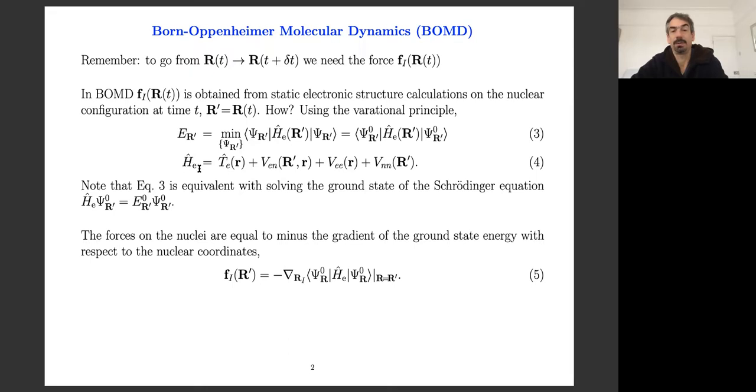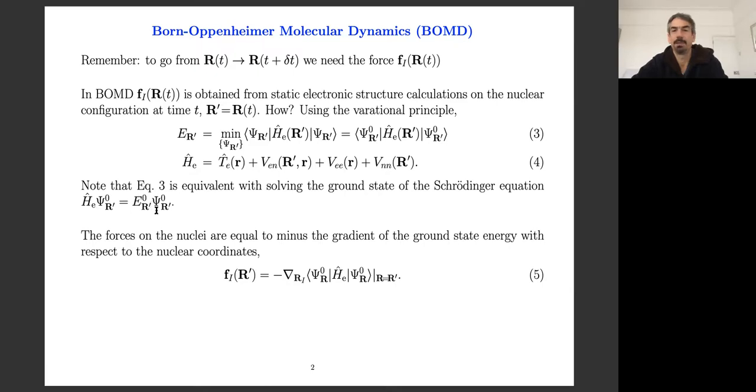And the electronic Hamiltonian has all the terms, right? Kinetic, electron-nuclei, electron-electron, and nuclei-nuclei. And this minimization problem is equivalent to solving the eigenvalue equation for the electronic Schrödinger equation, H psi 0 = E 0 psi 0.